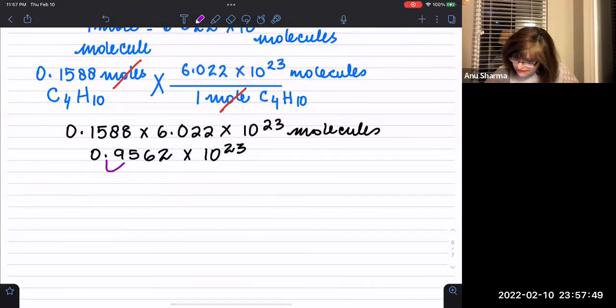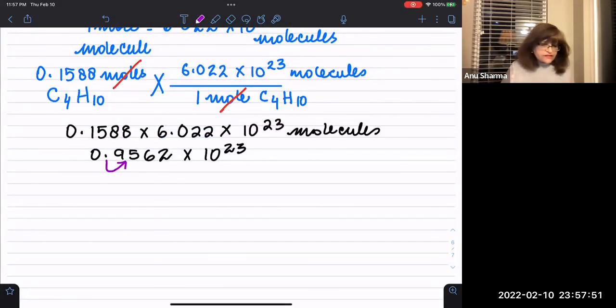If you move this, the 23 becomes 22, this is 23 minus 1.